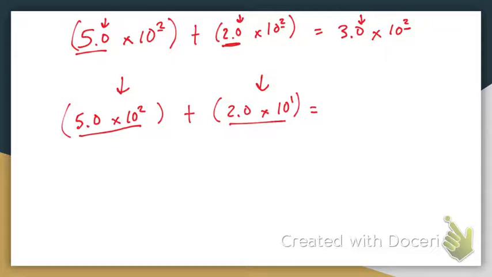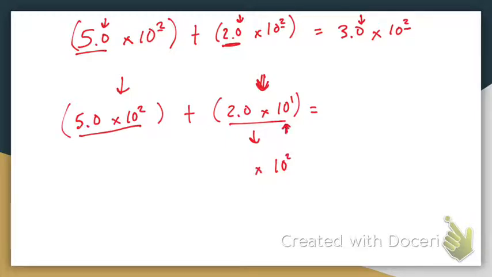My suggestion is I found it easier to take the smaller exponent and convert it to the larger exponent. So let's do our first step of the problem. If I take 2.0 times 10 to the first and want to bring that to 10 to the second, I'm essentially raising this up one, and so to do that, I have to lower this.